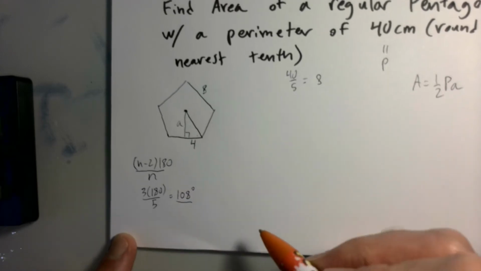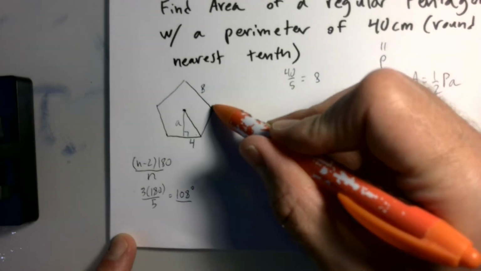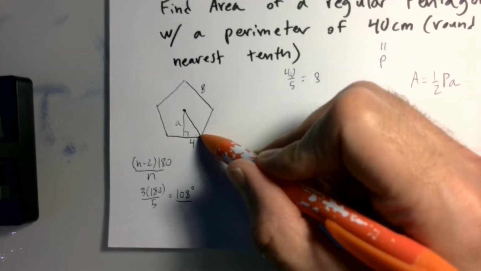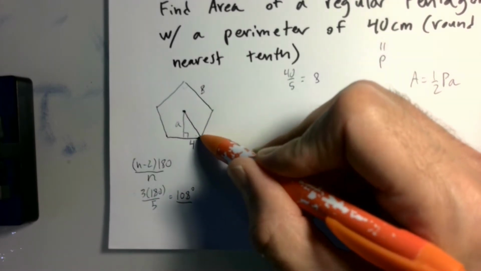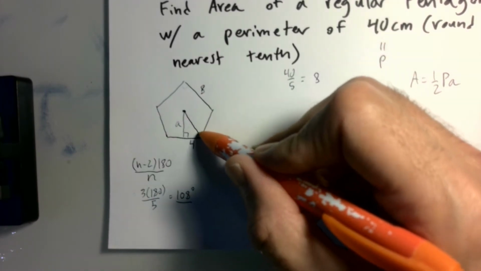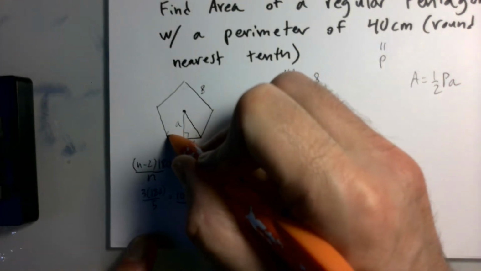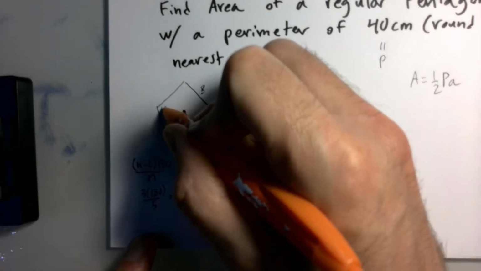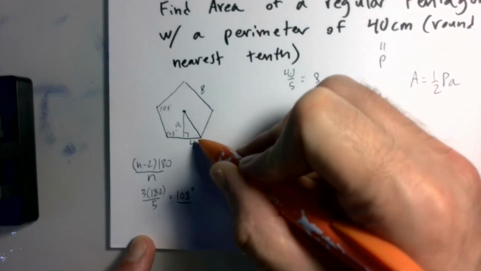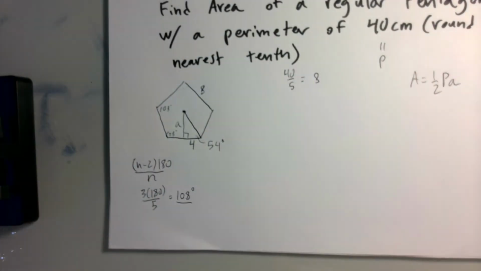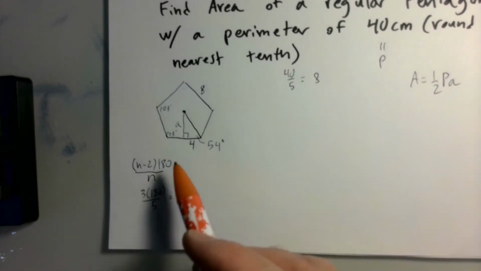That tells me each of these angles is 108. But this isn't an entire angle, because I have that radius drawn in. The radius is going to bisect all of those angles. So if every angle is 108, this is going to be 54. Now, if you don't like using this formula, that's totally fine.